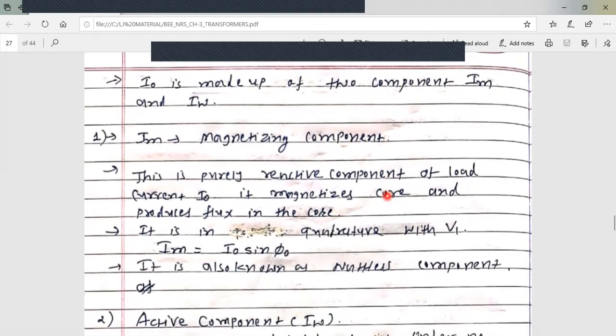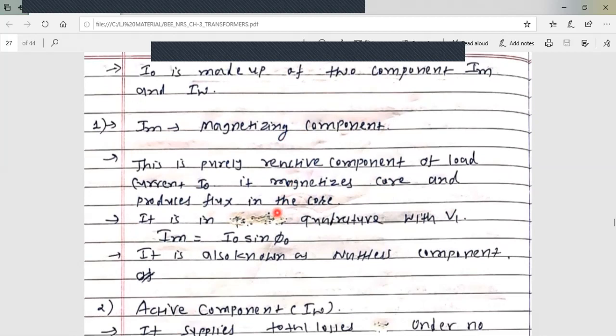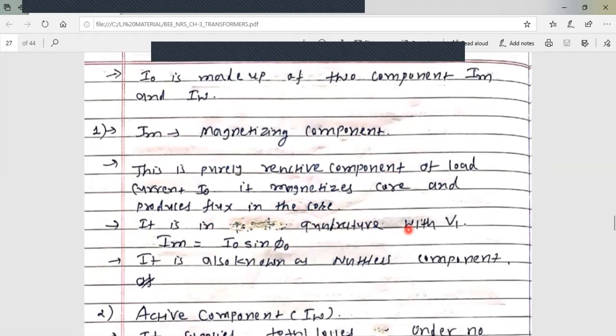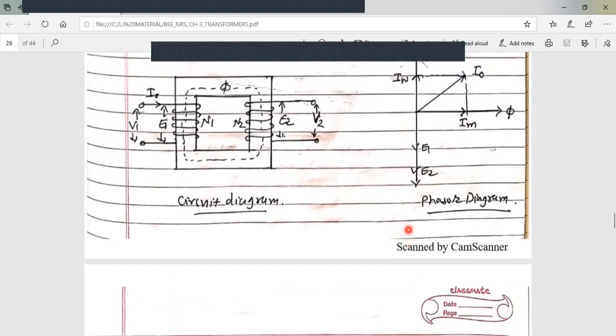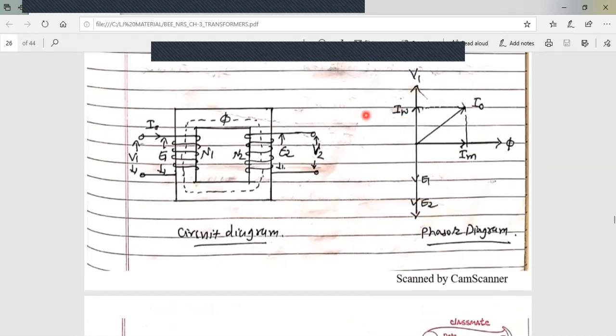First is the magnetizing component and second is the active component. The magnetizing component is the reactive component of the current, which is why we have written I0 sin phi 0. It is also known as the wattless component. It is purely reactive, it magnetizes the core and produces flux in the core. It is in quadrature with V1.